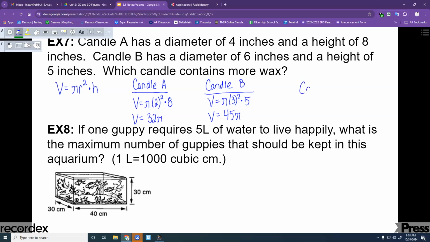B. Candle B. Okay. Now you're welcome to type in 32 pi, the whole thing, and get the decimal. You'll see the same thing. B's got more volume there. Okay, try number 8 on your own.